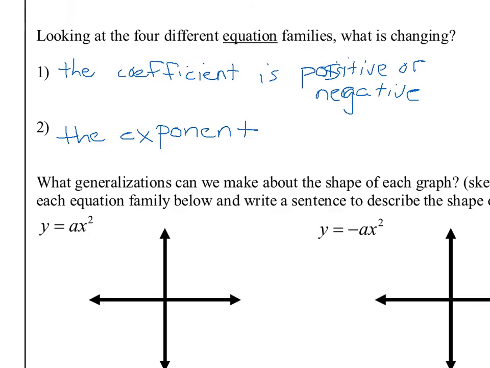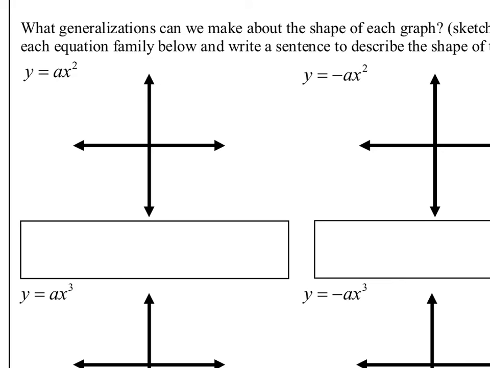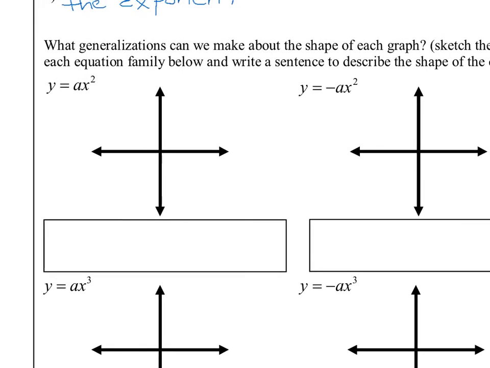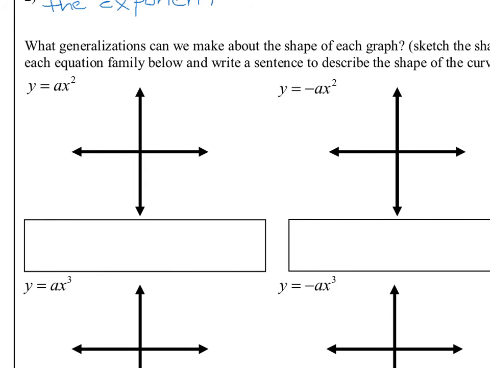So let's talk about what these things mean. What is the general shape of this ax squared? How would you describe this shape? Leslie. It's like going downwards and then making a U. Yeah, it makes a U. So anytime we have a positive coefficient and an x squared term, it's going to make a U. In fact, even our negative ax squareds, what shape do they make? They make a U, but it's upside down.